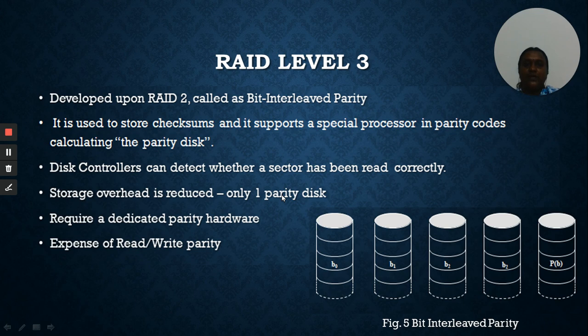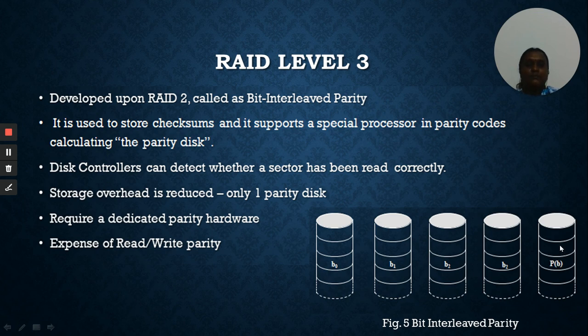In RAID level 3, we have the concept of bit interleaved parity. It is calculated based on the parity disk. Each device has its own sector where the bit interleaved parity is available. Here in this last disk, the bit interleaved parity is available.